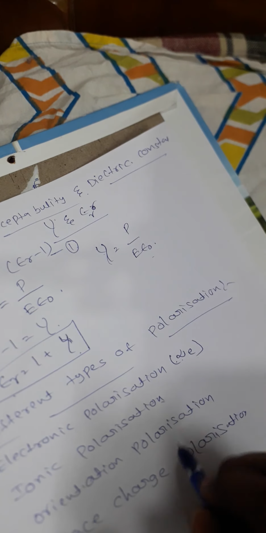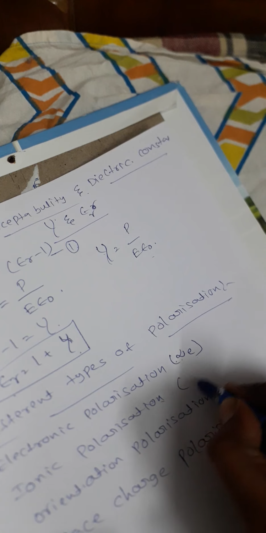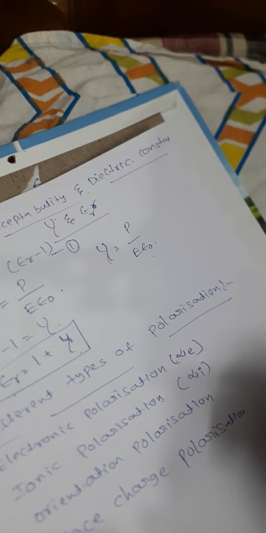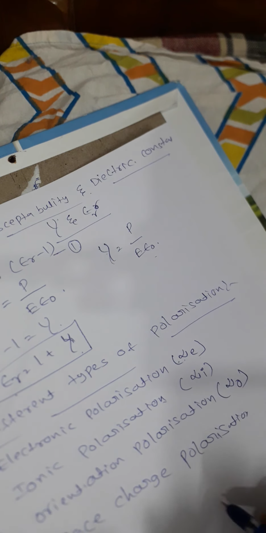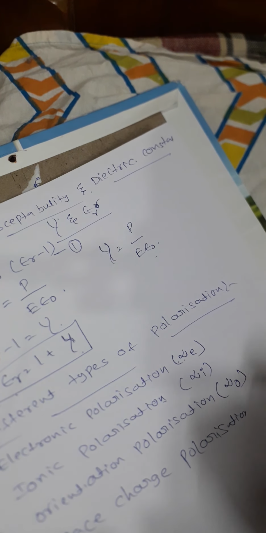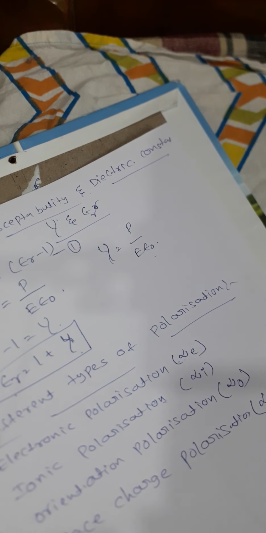General polarizability is denoted by alpha, electronic polarizability by alpha E, ionic polarizability by alpha I, orientation polarizability by alpha O, and space charge polarizability by alpha S.